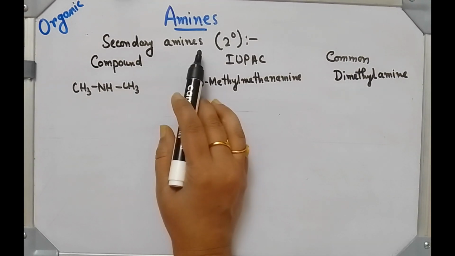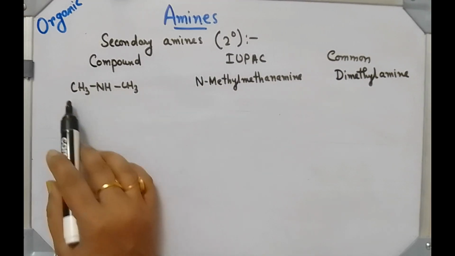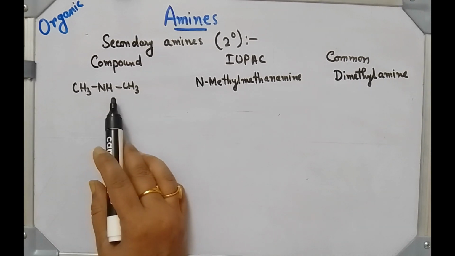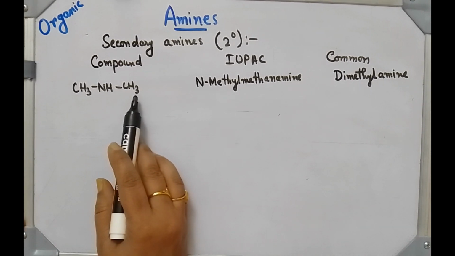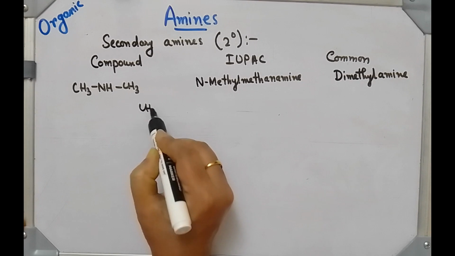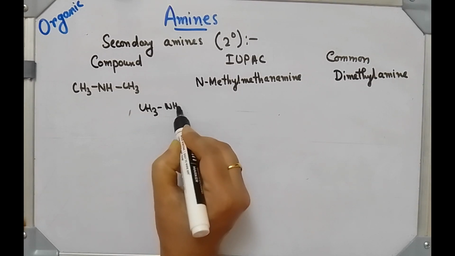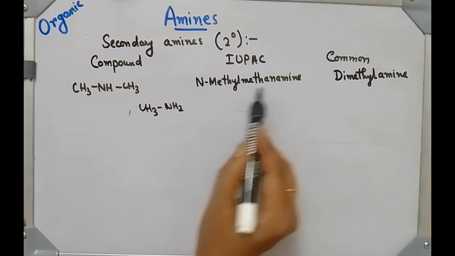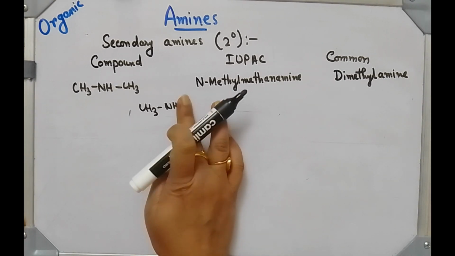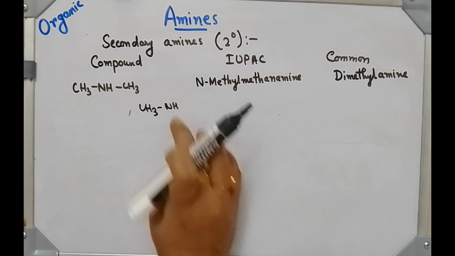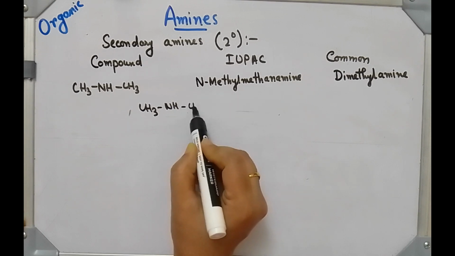Now for secondary amines, meaning 2-degree amines, if the compound is like this, CH3NHCH3. See, if it is CH3NH2, then it is methanamine. So here in methanamine, 1 hydrogen of NH2 is replaced by methyl.